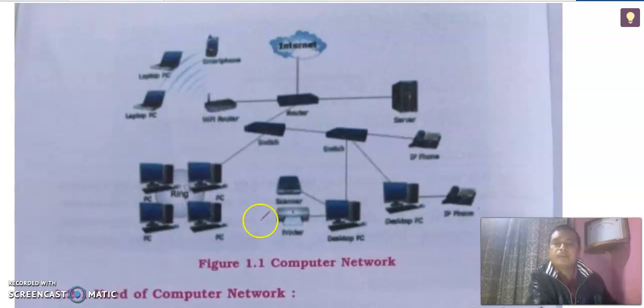Here you can see a printer, a scanner, then information within a desktop PC, and all these devices are needed. This is a Wi-Fi router. It is used to connect the network wirelessly, and all those devices are required to create a network.